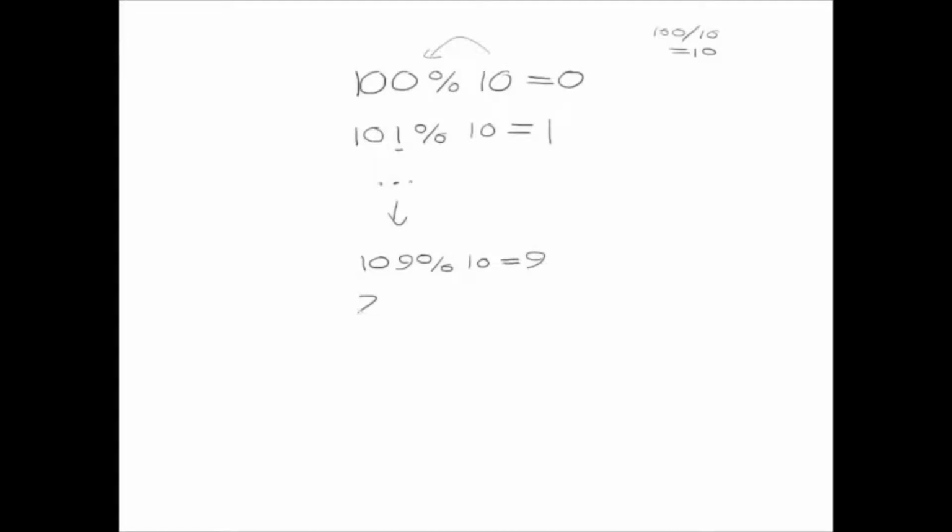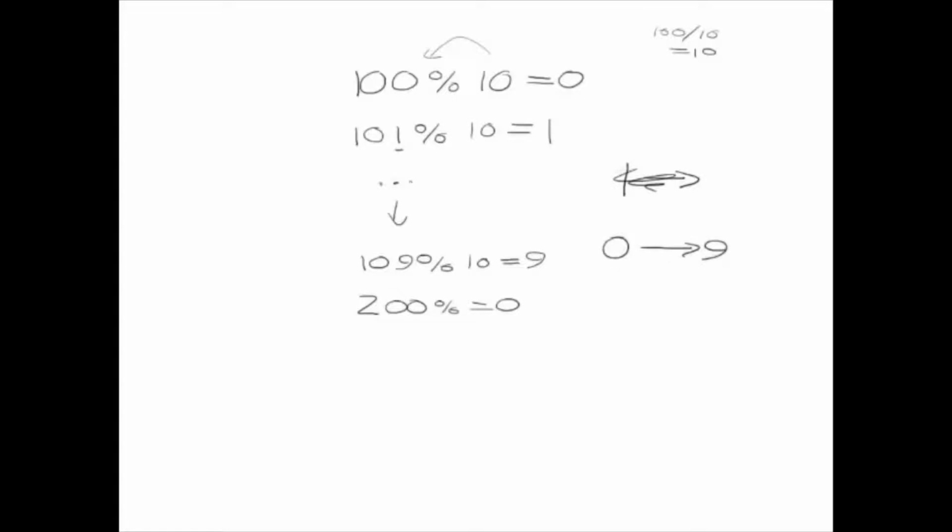And then once we get to 200, well, 10 divides 200 cleanly, so this is going to be 0 again. So what this line of code is actually doing is getting whatever the system time is, modulo 10, which is going to give us a number between 0 and 9.